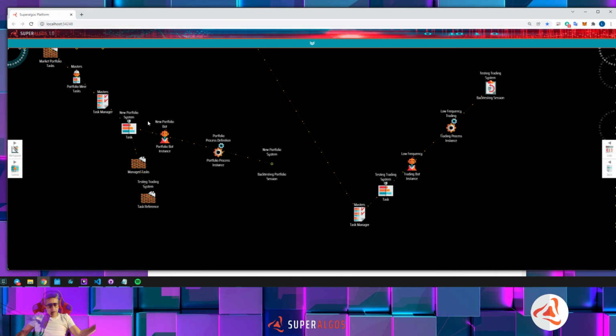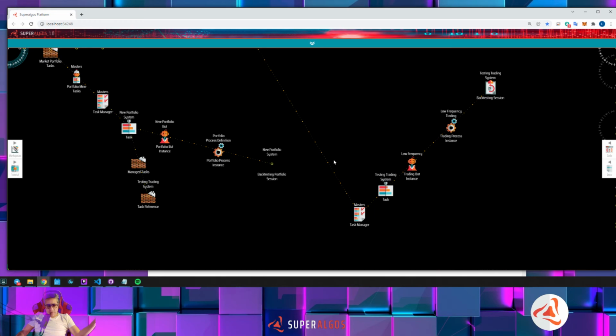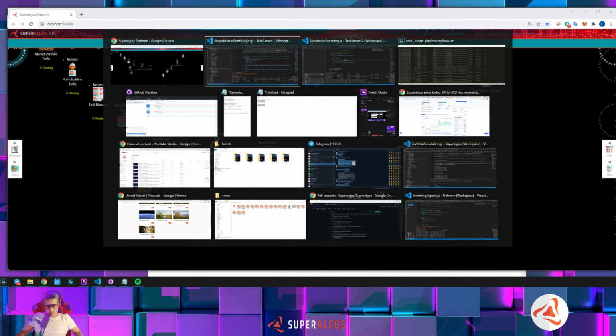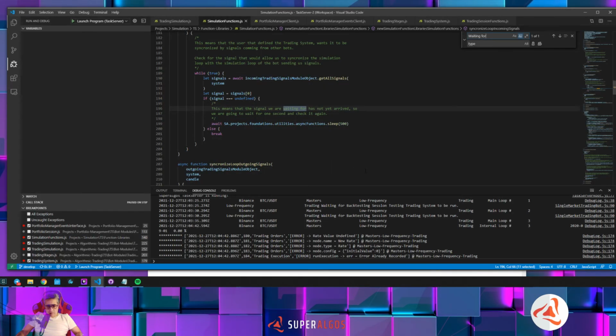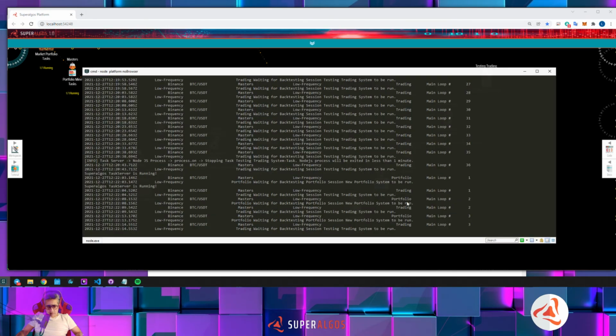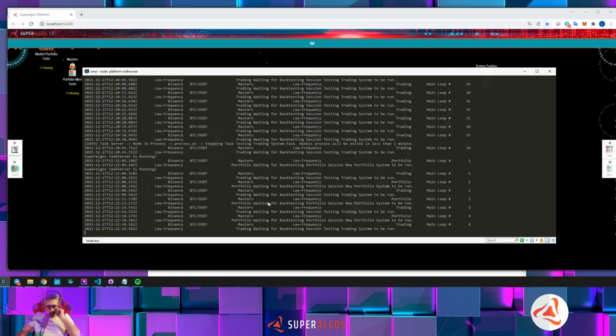Okay, so now I'm going to run it. This should really run the task now. Both. Okay, so both tasks are running. Portfolio waiting for backtesting.